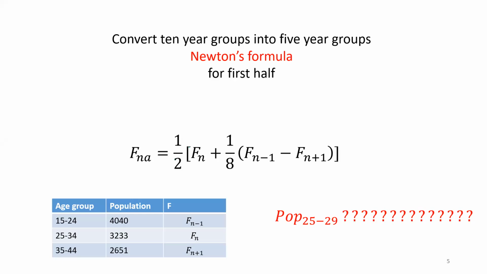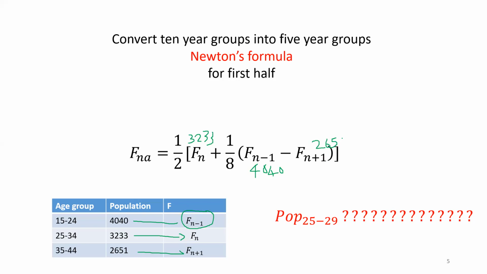Okay, now I'm going to include the values into this equation. I don't need to include everything because I have already given that value. So F1 is what? 3,233. Then Fn minus 1 is 4,040. Fn plus 1 is 2,651.